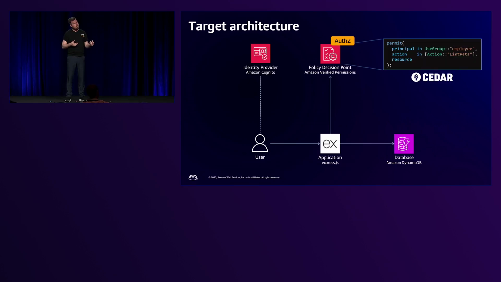So by transforming and extracting the authorization logic from your application into Cedar, we believe that you will benefit from a number of advantages, reducing the number of deployments that you need to do in order to change the authorization logic.